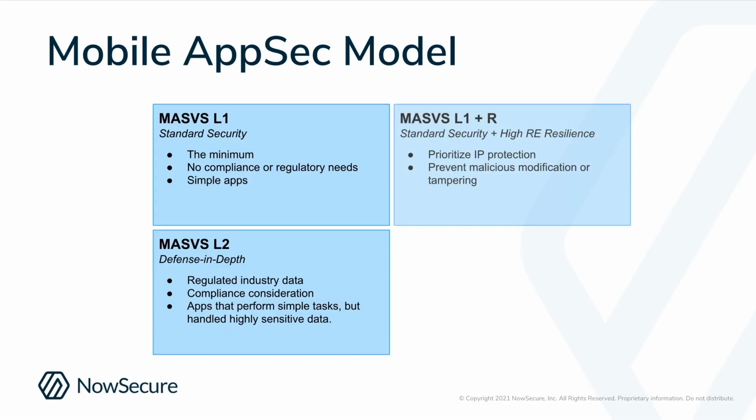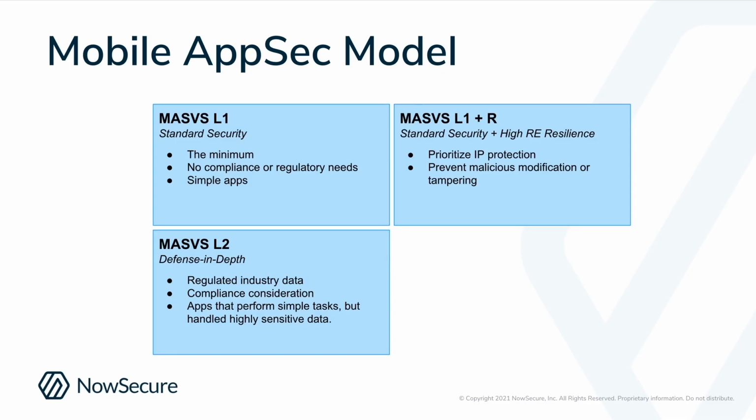When we start getting into this L1 plus R, you're probably thinking to yourself, why would I want an app that has reverse engineering resilience but doesn't have these defense in depth requirements? Well, there's a lot of good examples of this. Maybe an app that tells you what song you're listening to at that moment, or maybe an app for playing games. These don't have a complex compliance requirement, but they have a lot of IP. And that IP needs to be protected.